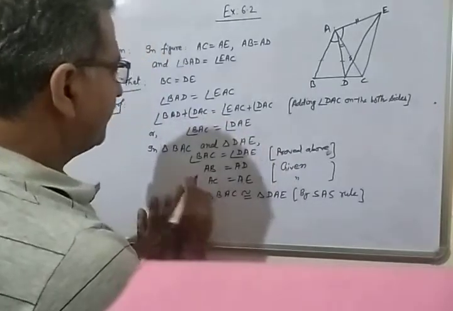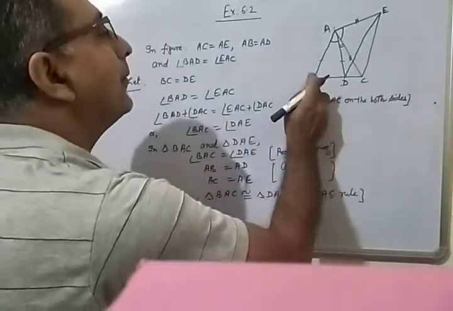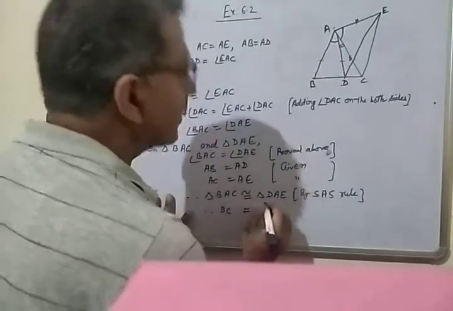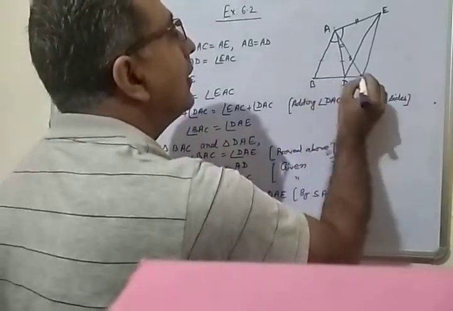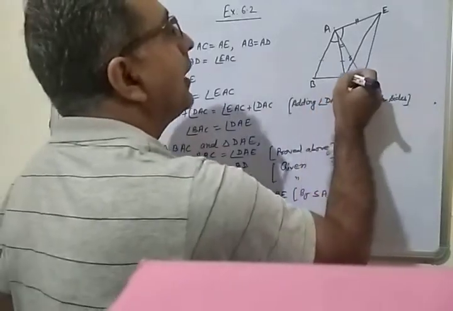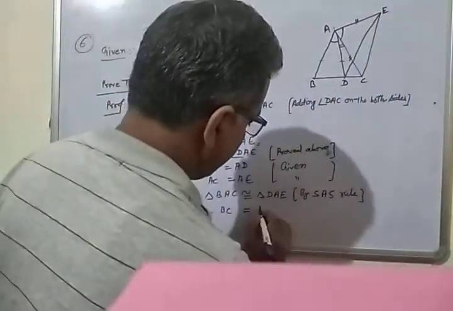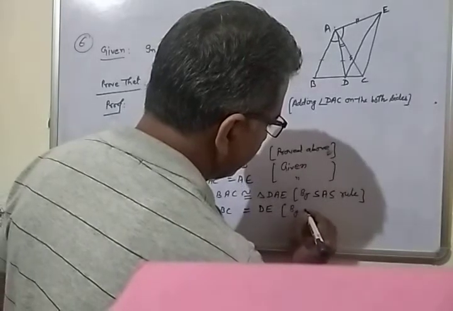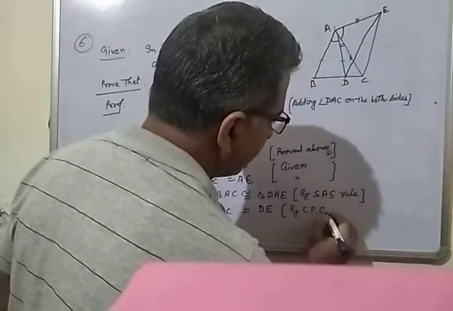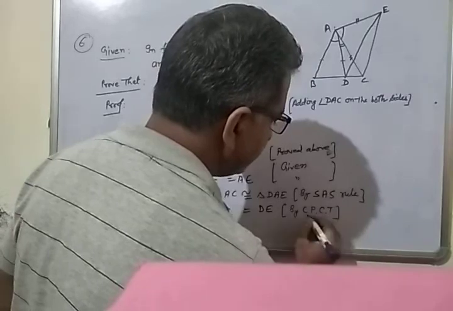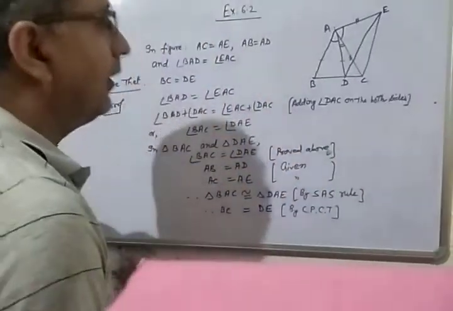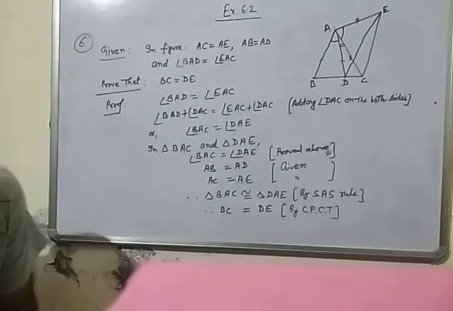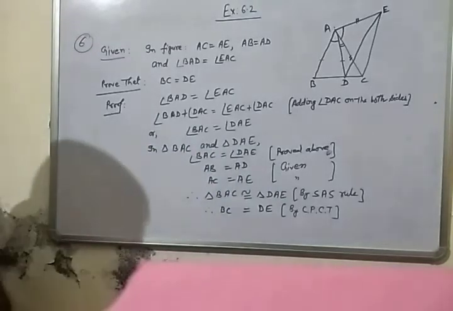Therefore, side BC equals side DE by CPCT. This one is question number 6. Please note down.